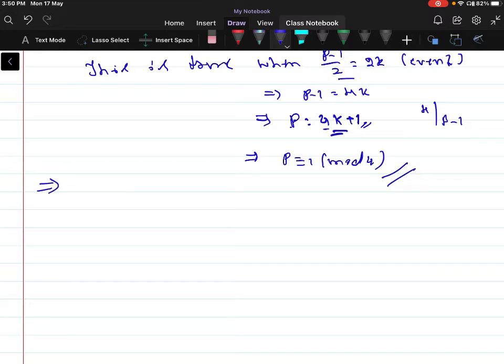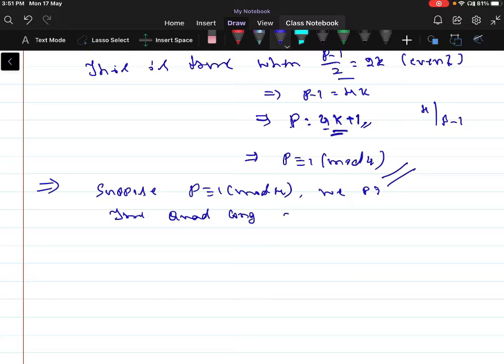Conversely, suppose p is congruent to 1 modulo 4, then we prove that the quadratic congruence x squared plus 1 is congruent to 0 modulo p has a solution.